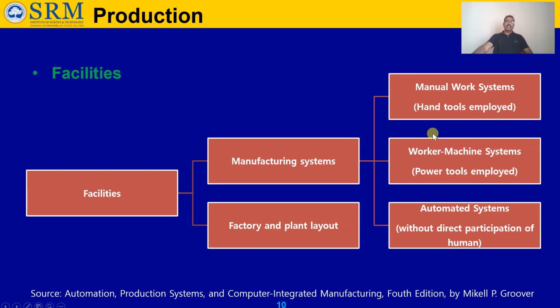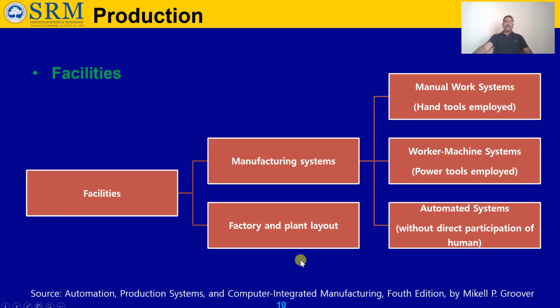In the manual workstation, only hand tools are used to fabricate or manufacture something. In the worker machine system, power tools are employed. And the final one is the automated system, where components are made without direct participation of the human. All these three come under the manufacturing system.